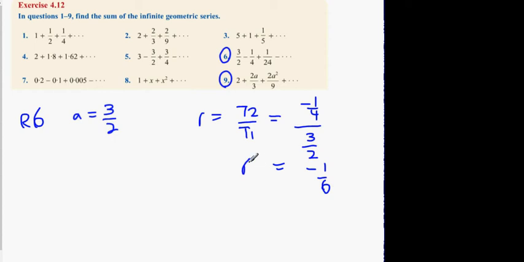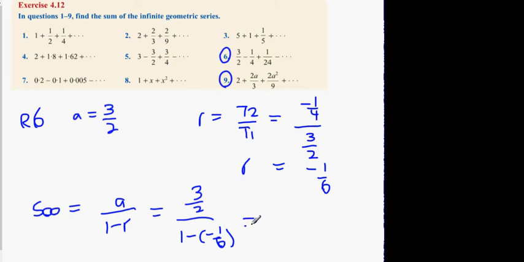Okay, so what we had to do is find the sum to infinity. Sum to infinity equals a divided by 1 minus r. That's going to be 3 halves divided by 1 minus minus 1/6. And what that's going to be is 3 halves divided by 7 over 6.